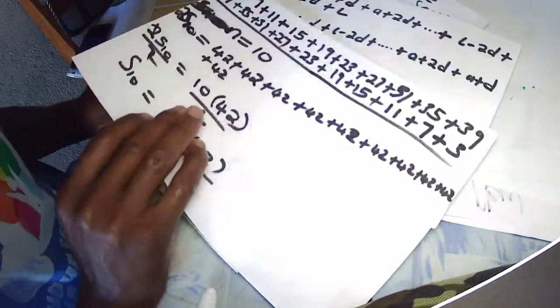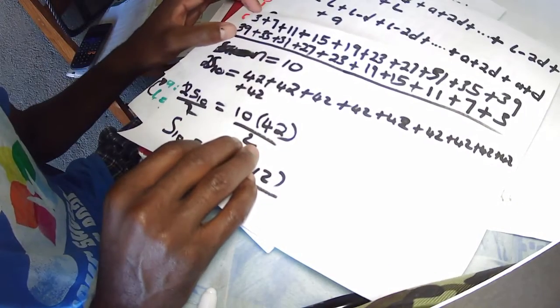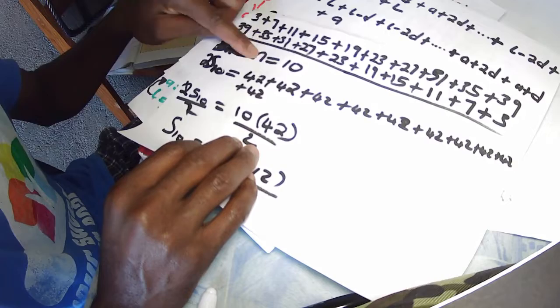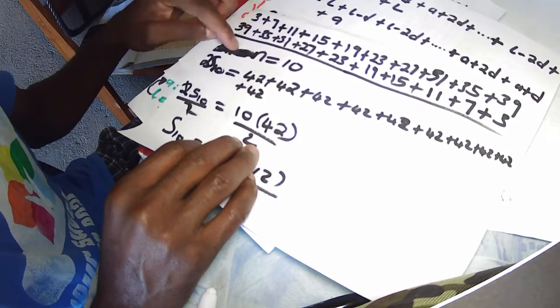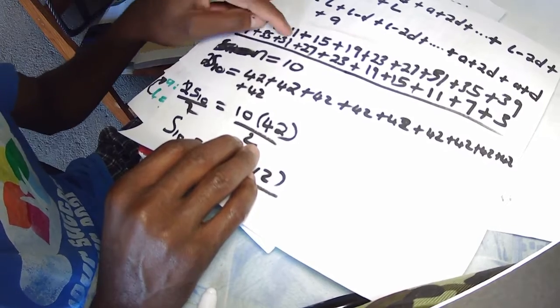All right, so this is the previous example. I was working out here with you guys. You saw that I was adding down, adding 3 plus 39, 7 plus 35. So the same applies. Let's just go ahead and add.